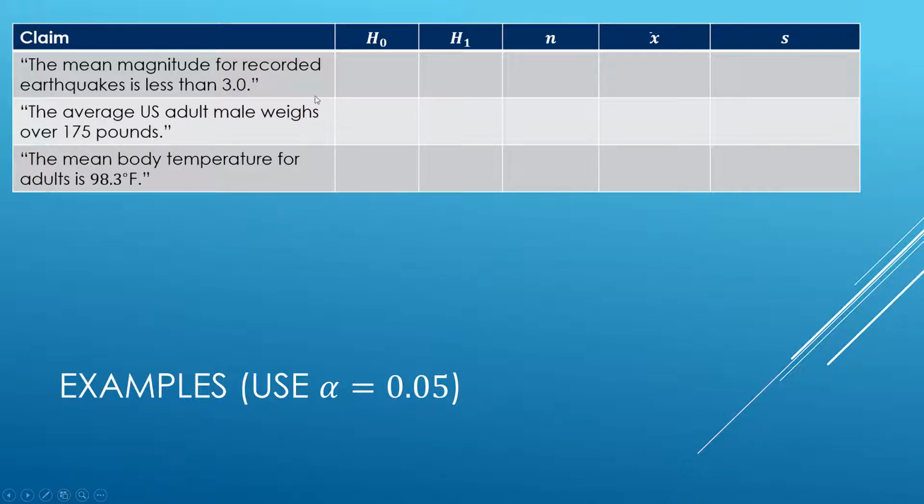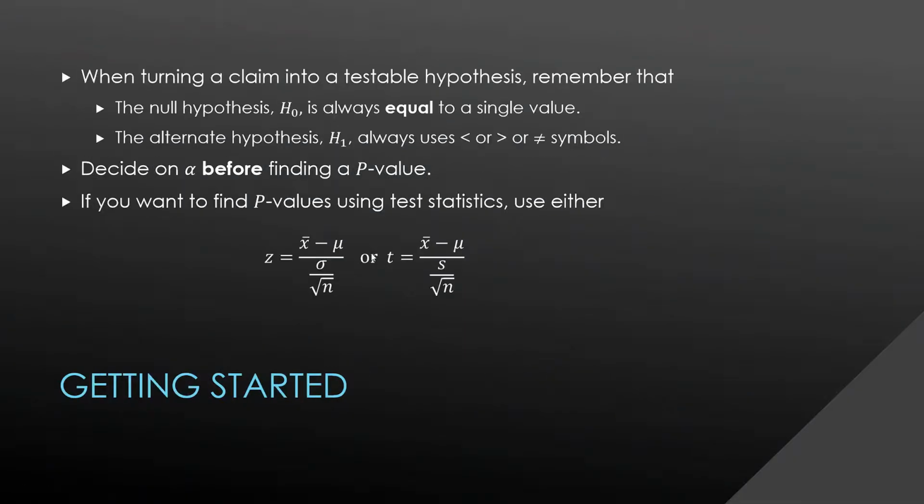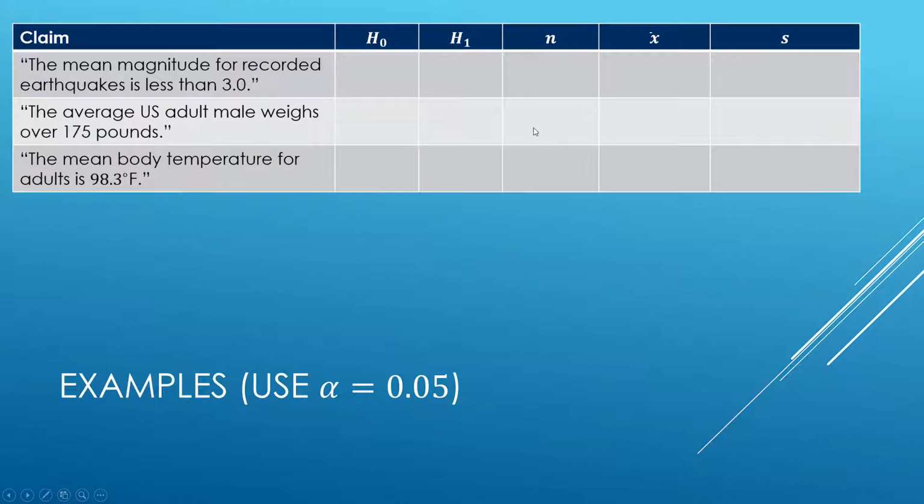But first of all, with three claims, we want to make null hypotheses for each. Remember what I said in the last video: whenever you're making a null hypothesis, it always equals a number. So for these three claims, it's going to be equals, equals, equals, always equals for the null hypothesis.